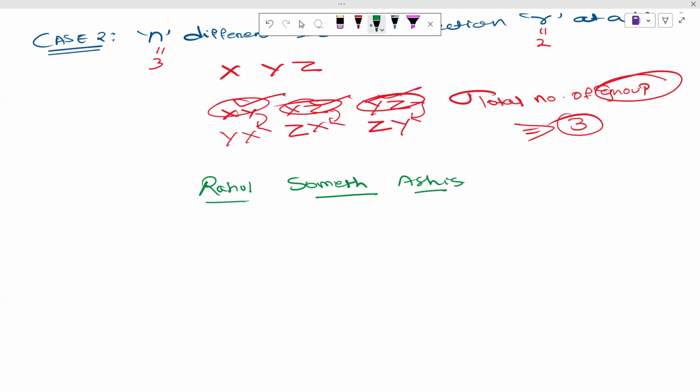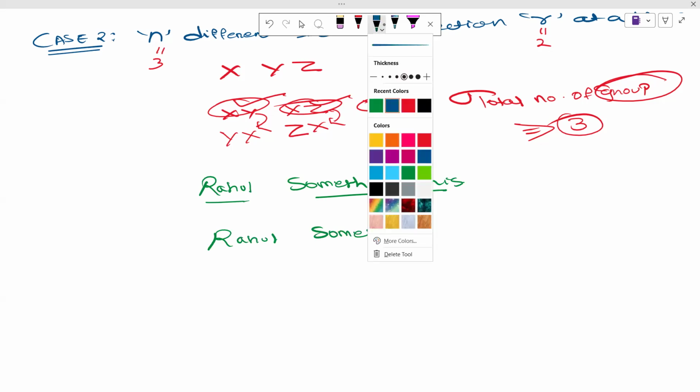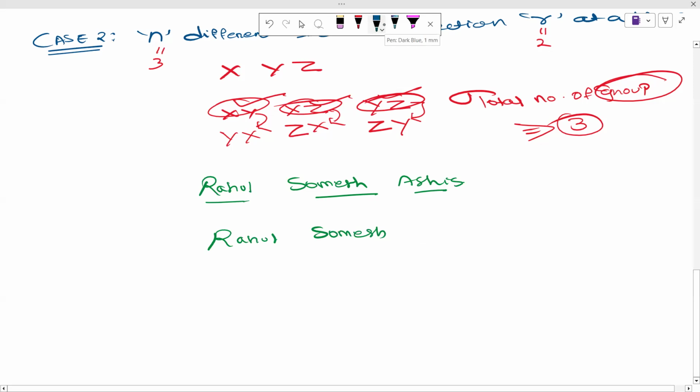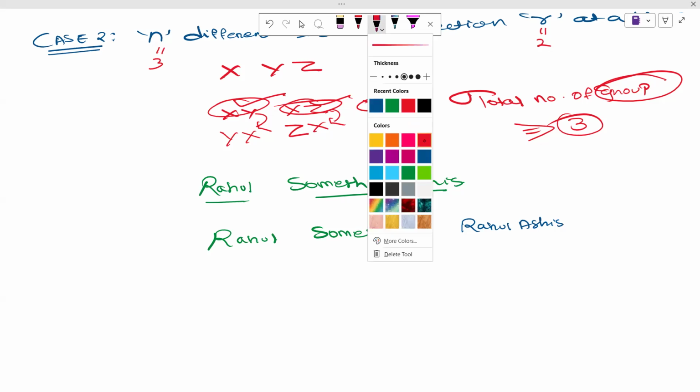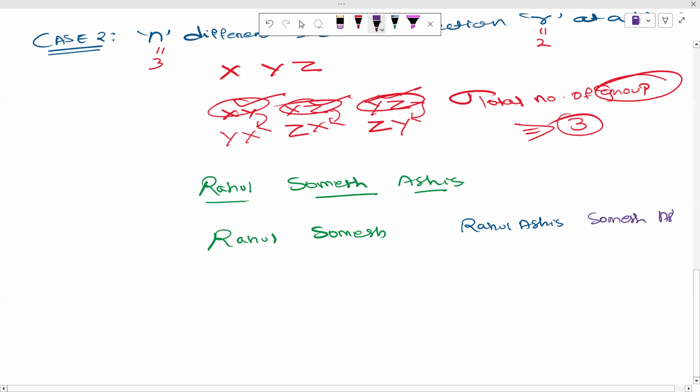So right now I can just say that Rahul and Somesh is the one team. Now next one is what? Then Rahul and Ashish is the one team. And now next point is what? So here Somesh and Ashish is the one team.